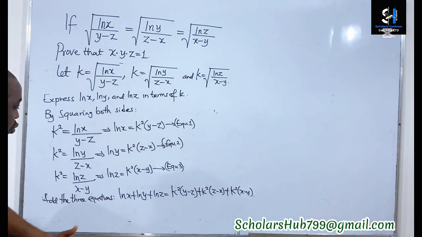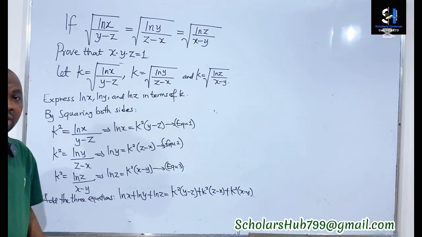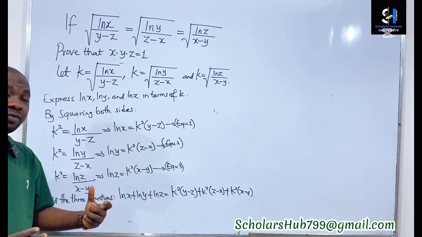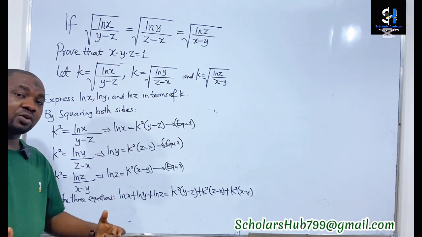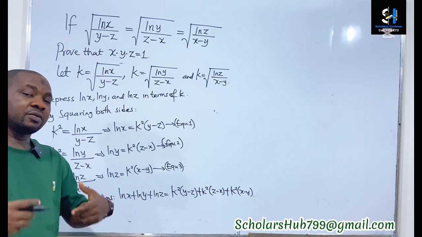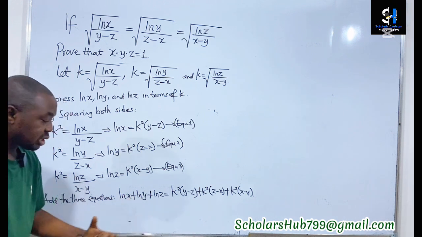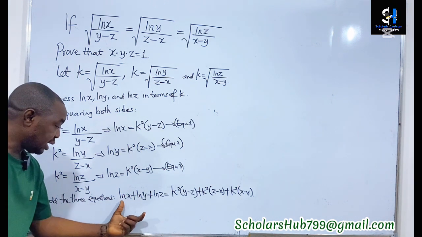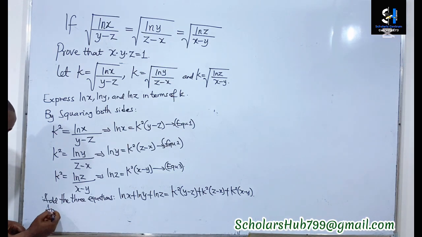Now we have ln x plus ln y plus ln z. We can apply one of the properties of logarithms: the sum of the logarithms of separate quantities equals the logarithm of the product of the separate quantities. So we can write this as ln of the product of x, y, z.